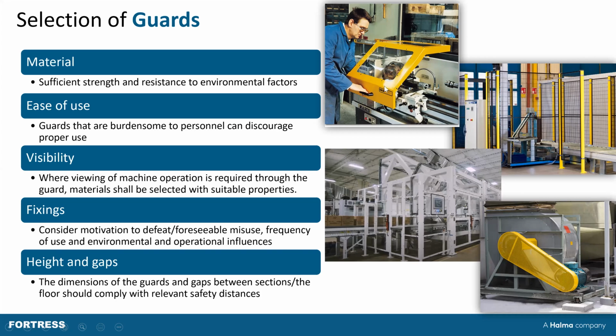So do you need to be able to see through the guard? How's it fixed? Again, Malcolm's going to mention security fixings, but also, is it high vibration? Do you need to consider that? Anti-vibration fixings, things like that. And then again, heights and gaps, minimum heights, maximum gaps underneath, between things. There's standards for all of these, but it's just things to be thinking about.